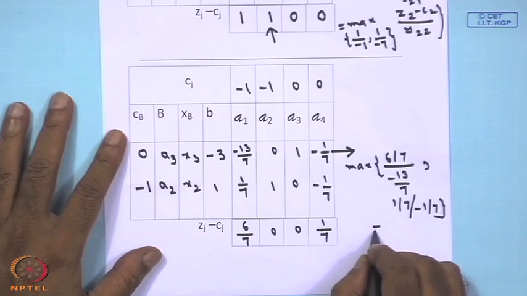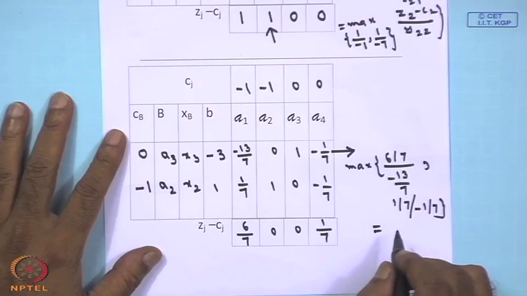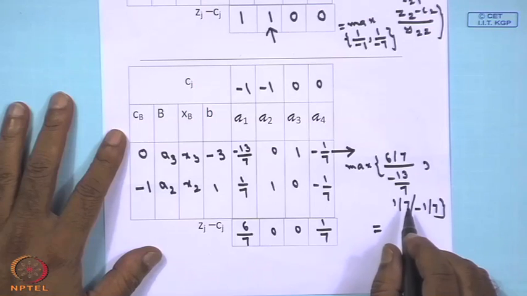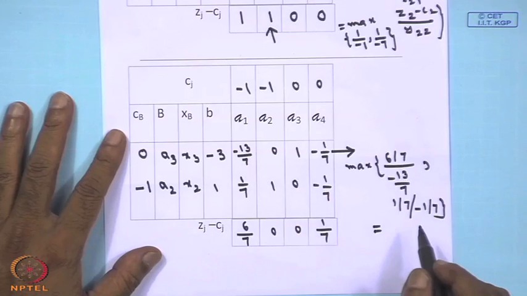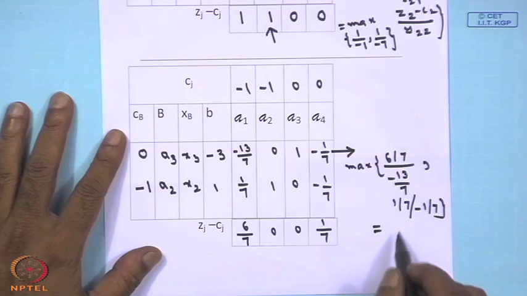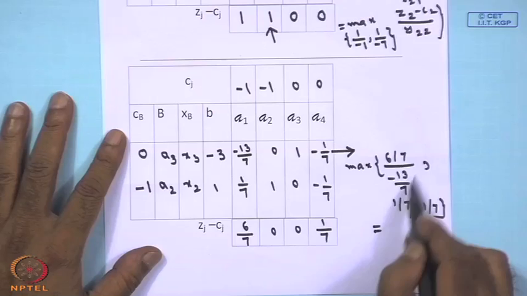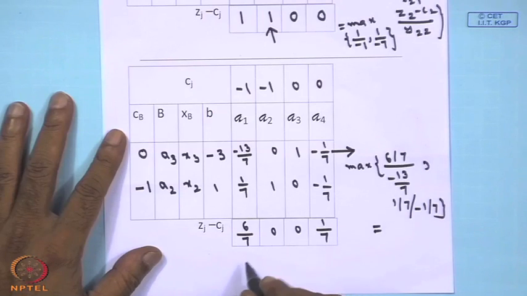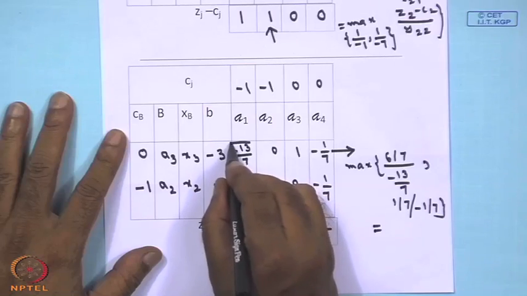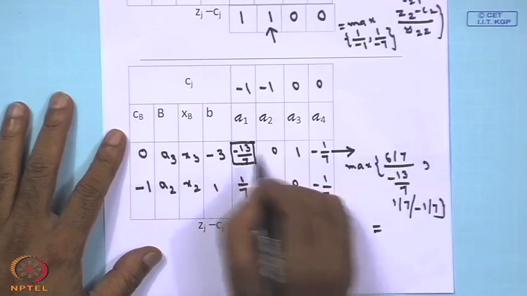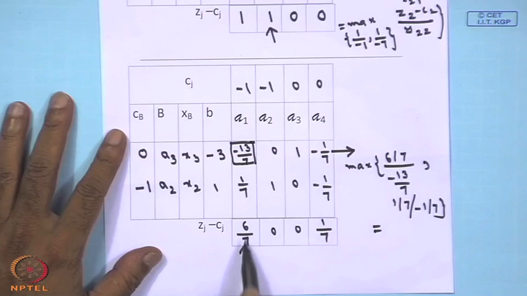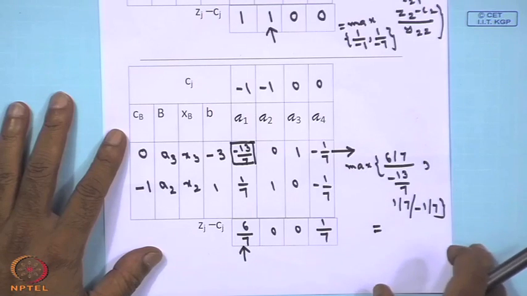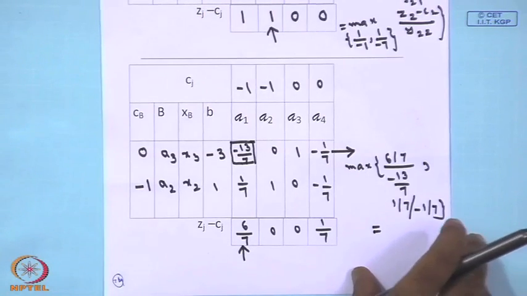The maximum of these will be minus 6 by 13, which corresponds to minus 13 by 7. So the first one is the maximum one. Your entering vector in this case will be x1, and minus 13 by 7 is the pivot element. The departing vector is x3 and the entering vector is x1, and from this table we go to the next iteration.